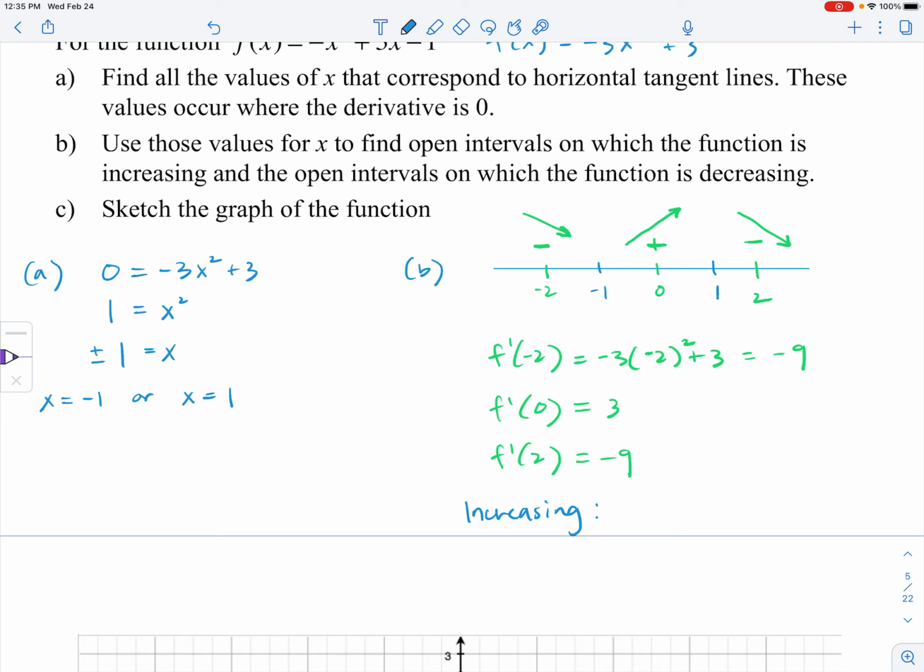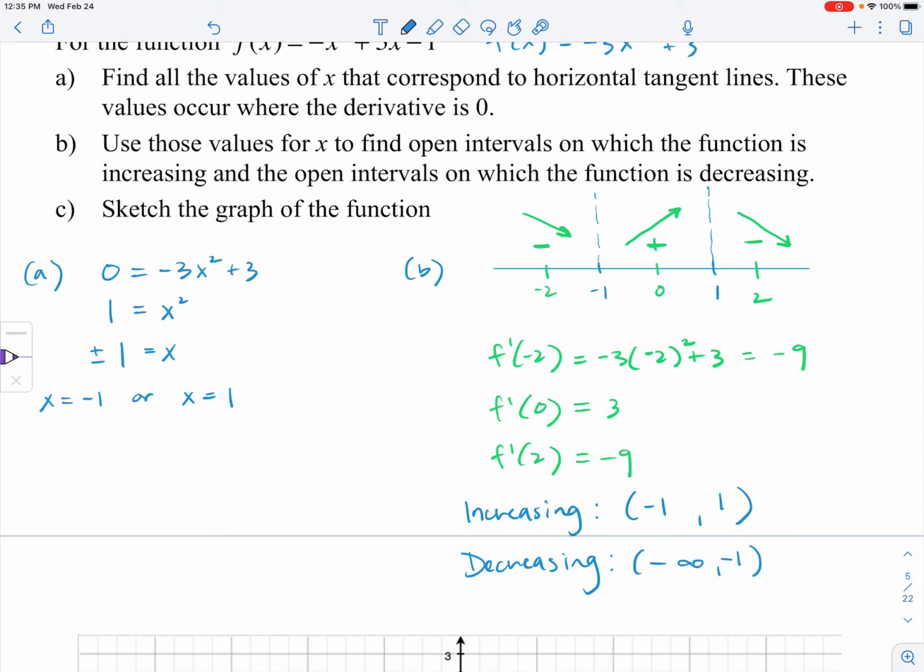The open intervals. Well, that's between, it looks like, negative 1 and 1, right? Between negative 1 and 1, the function will have positive sloping tangent lines. And then the function will be decreasing on, it looks like, 2 separate open intervals.